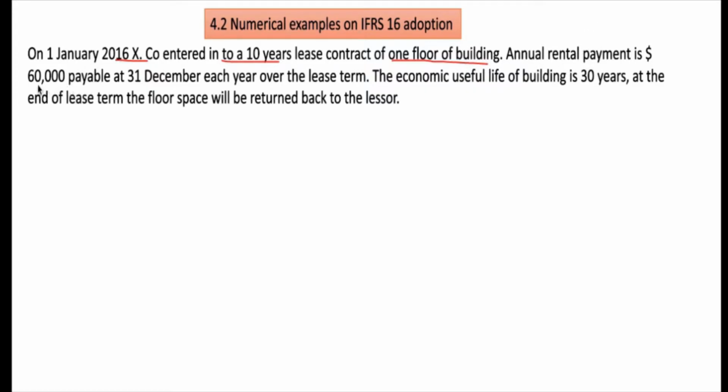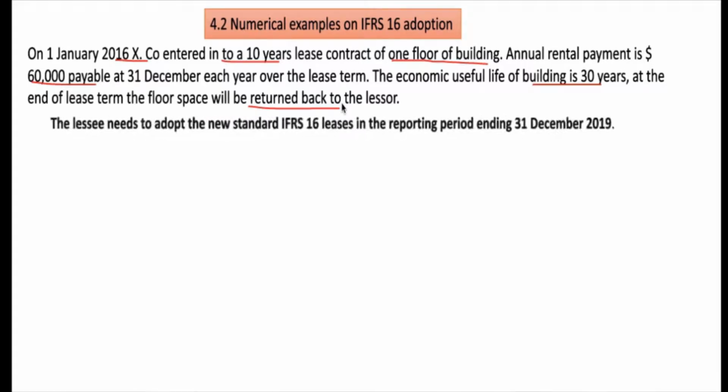The annual payment is $60,000 payable each year, and the economic useful life of the building is 30 years. At the end of the lease contract there is no purchase option, so the underlying asset will be returned to the lessor.